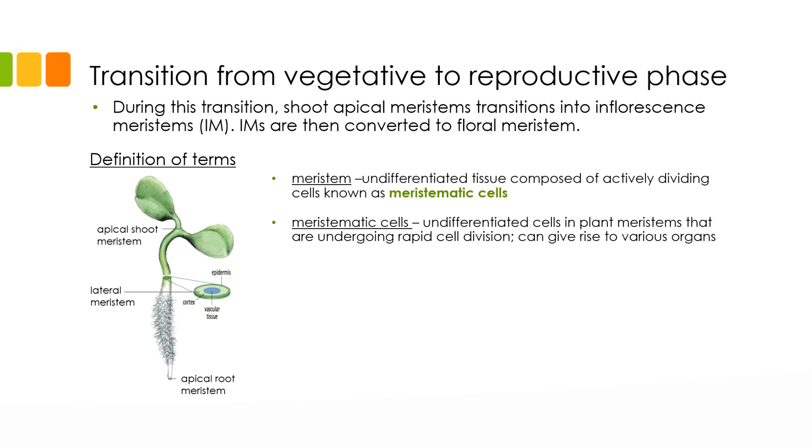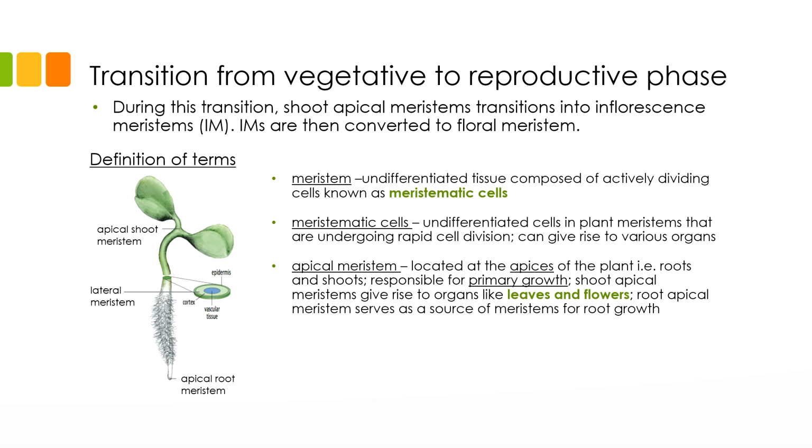They are just like stem cells and can develop into various organs or plant parts. Meristems that are located in the apices of the plant, like the roots or shoots, are called the apical meristem. The apical meristems are responsible for primary growth. The shoot apical meristems give rise to organs like leaves and flowers, while the root apical meristem give rise to roots.